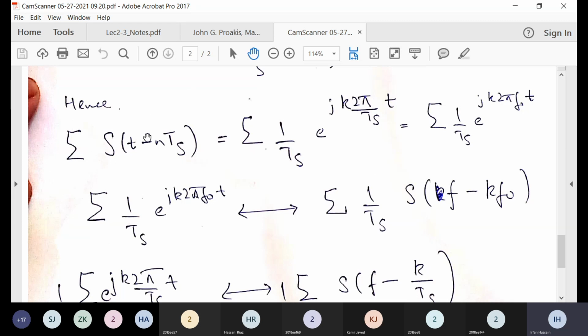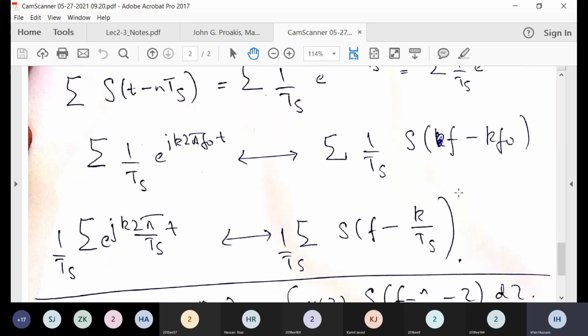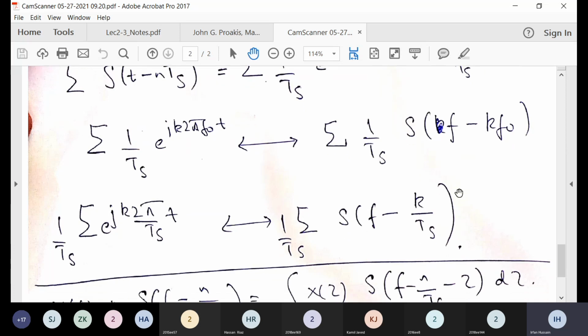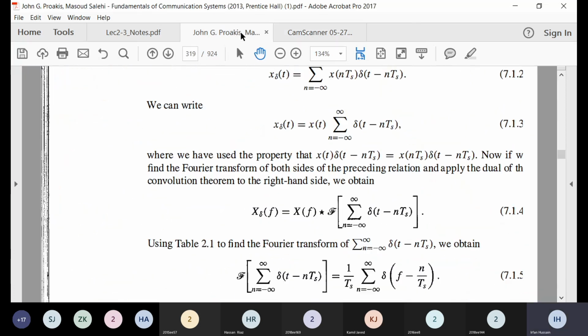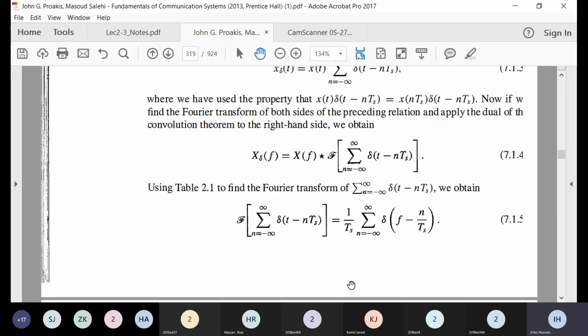So a train of impulses in the time domain results in a train of impulses in the frequency domain. So after this explanation, you can go to the book here. A train of impulses in time results in a train of impulses in frequency with a_k equal to 1 over Ts.